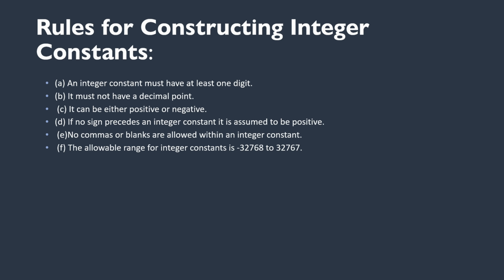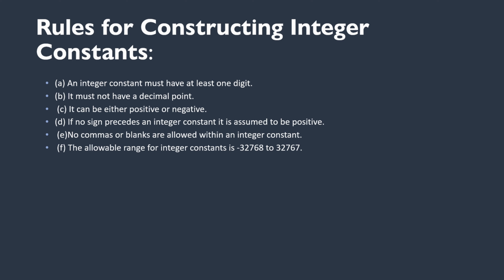And coming to the next, there are some rules for writing constants. We will be discussing the primary constants, which are the real constants, the integer constants, and the character constants, right? The first are the rules for constructing integer constants. These are simple. An integer constant must have at least one digit, it must not have any decimal point, and it can be either positive or negative.